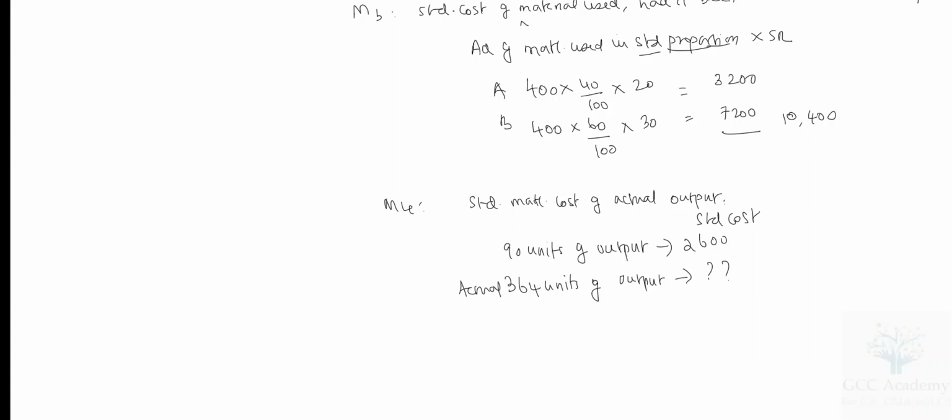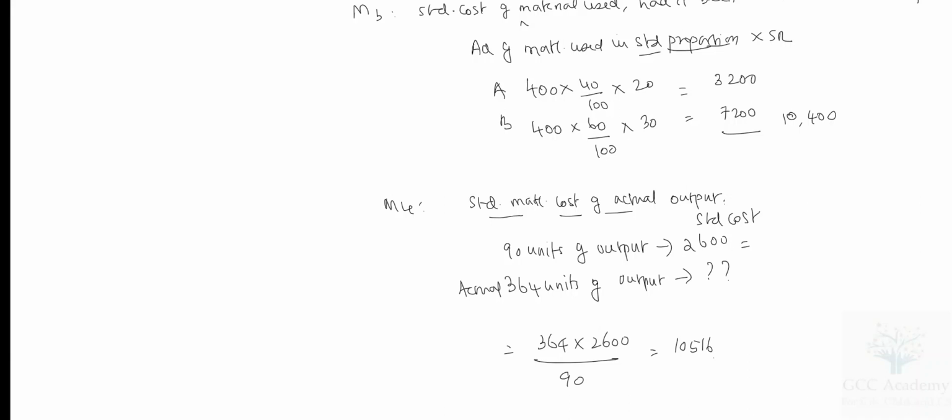My standard cost is 2600, perfectly fine. But the actual output for me is 364 tons. What should be the standard cost? So standard material cost for actual output, what should it be? So I cross multiply 364 into 2600 by 90. So I'll get a figure of 10,516.